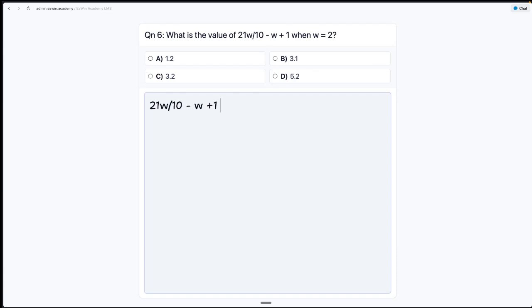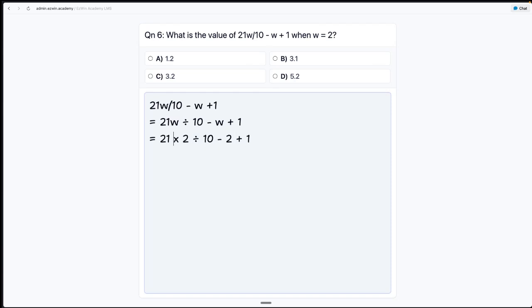Now we can just substitute the W with 2. So this will be 21 times 2 divided by 10 minus 2 plus 1.